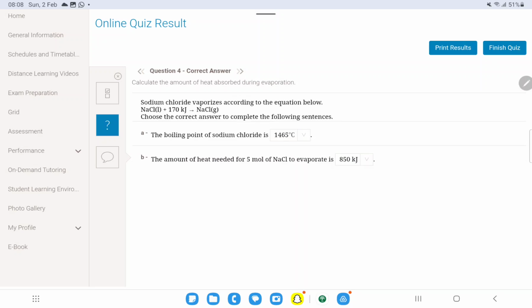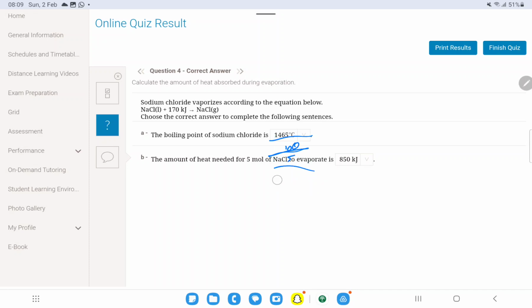Sodium chloride vaporizes according to the equation below. Choose the correct answer to complete the following sentences. The boiling point of sodium chloride is, I don't really remember the options, but they were like this: 1465, and then something 100 I think, and then 5.